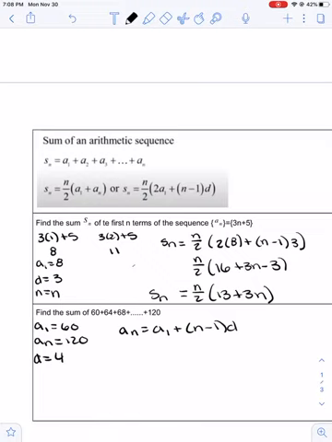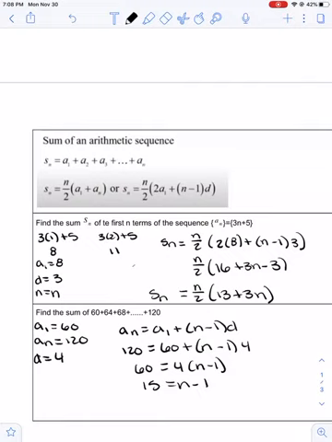So let's plug in everything. 120 equals 60 plus n minus 1 times 4. This equals 60 equals 4 times n minus 1. We get 15 equals n minus 1. N equals 16. So now we know n equals 16.